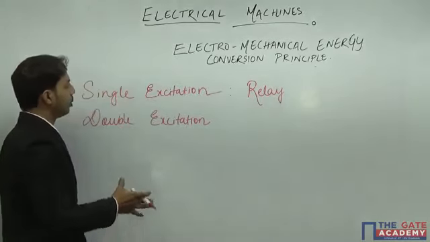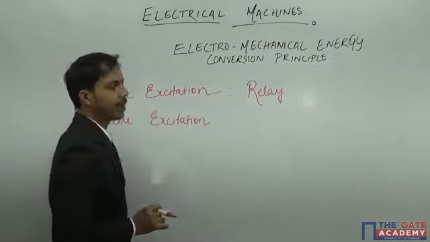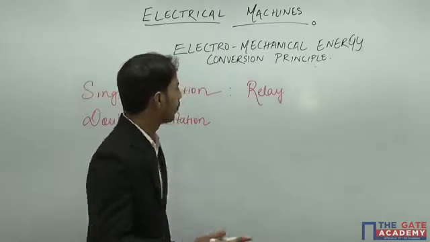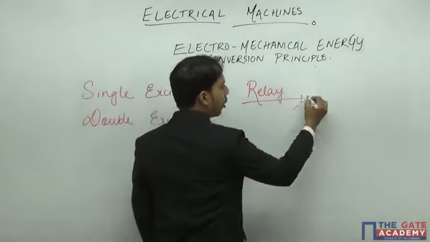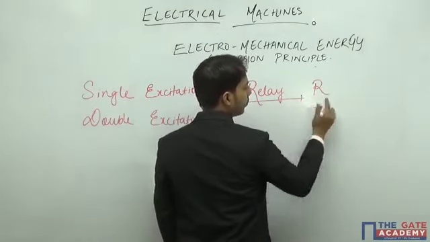So for now, you see, by having a single excitation magnetic system, we have examples of relays or reluctance motor.